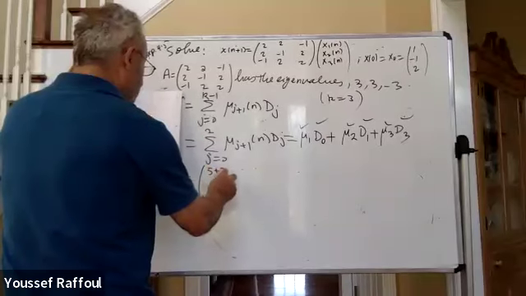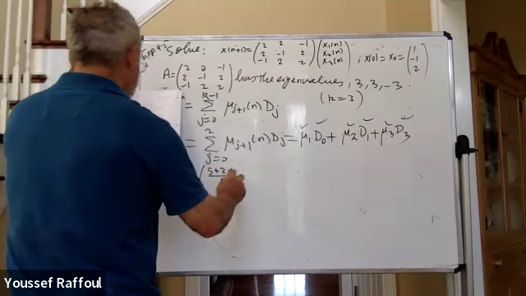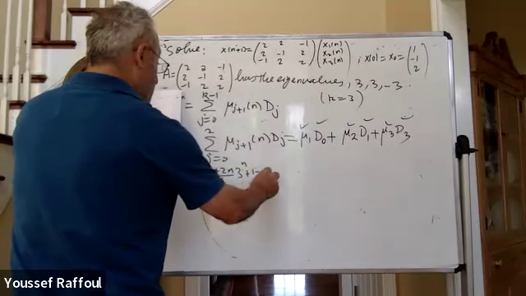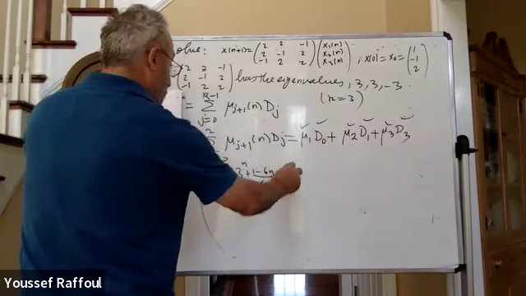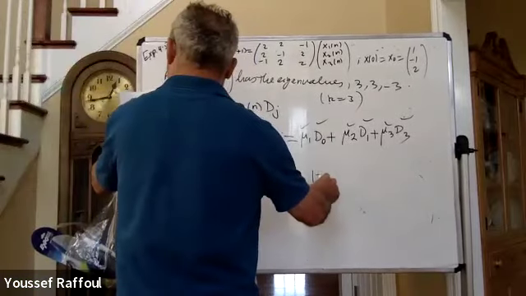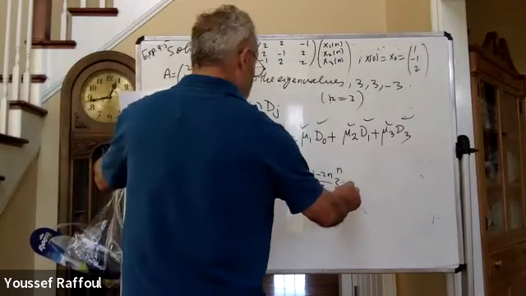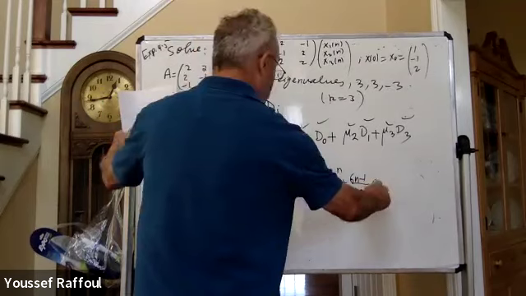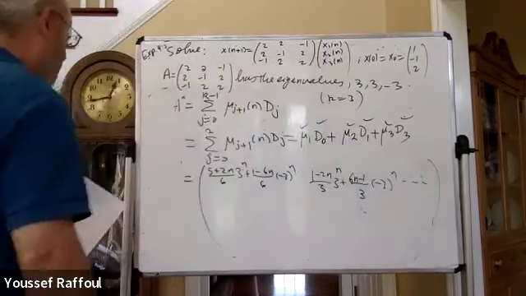It's (5 plus 2n) over 6 times 3 to the power n, plus (1 minus 6n) over 6 minus 3 to the power n, and then (1 minus 2n) over 3 times 3 to the power n, plus (6n minus 1) over 3 minus 3 to the power n, and so on.